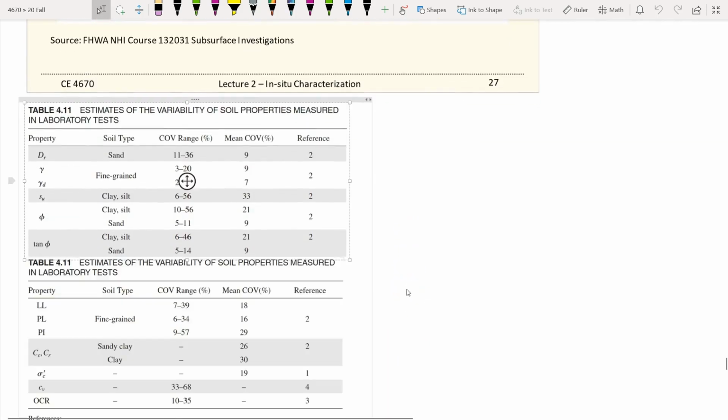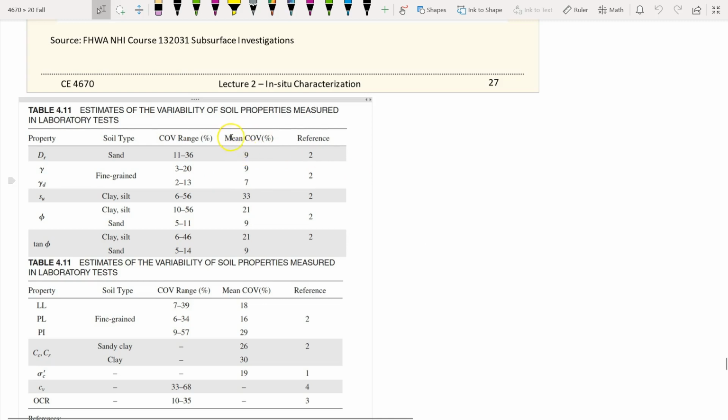I also downloaded some tables, borrowed from the textbook. Those give you an idea of the uncertainty of soil properties measured in laboratory testing. You can tell, from the parameters we need, from density to strength parameters, the COV. This is the coefficient of variation, which is defined as the standard deviation divided by the mean.